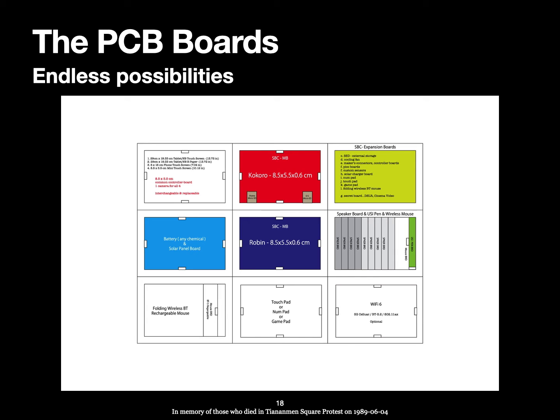When configured like this, it can go through the SMT machine in one single pass. And at the bottom right, you see this board for Wi-Fi 6. This should be optional because if you have a Coca Roll board, you would be able to have 5G connectivity that you can share as a base station.